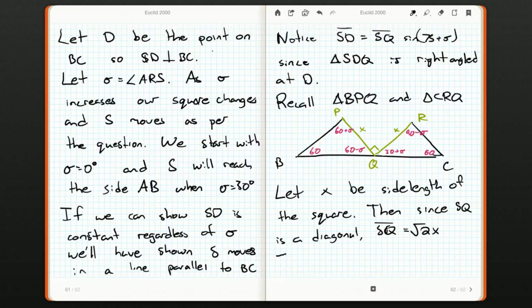Alright. So in triangle BPQ, the sine law tells us that x over sine 60, which is a constant that many of you should know. Sine 60 is the square root of 3 over 2.